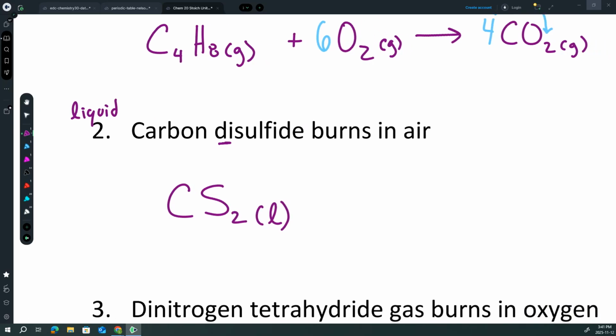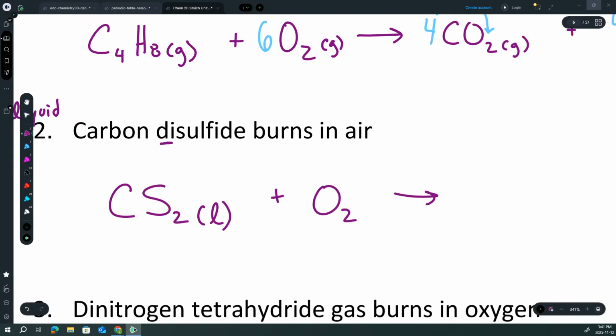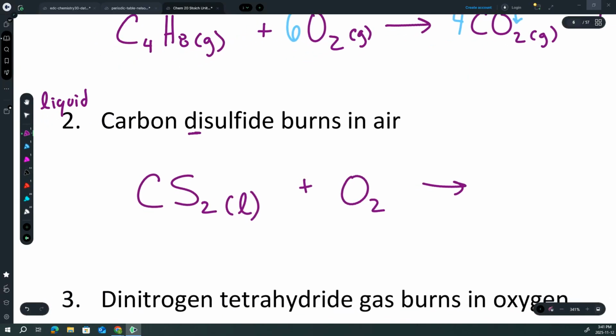That means it reacts with oxygen. Now, for the products, what you have to imagine is you're going to think about each element that makes up your fuel, which in this case is carbon disulfide, and ask, what is the most common oxide with that element?